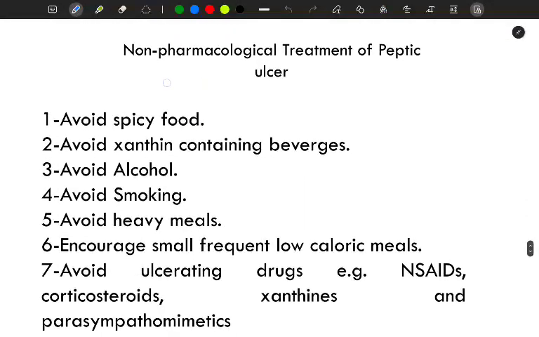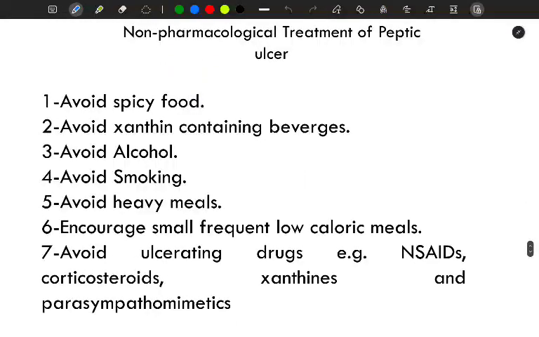Non-pharmacological treatment, that's good. That's the thing that you have to advise your patients always. Avoid spicy food, xanthine-containing beverages. Why? Avoid alcohol, smoking. All of these weaken the protective mechanism.